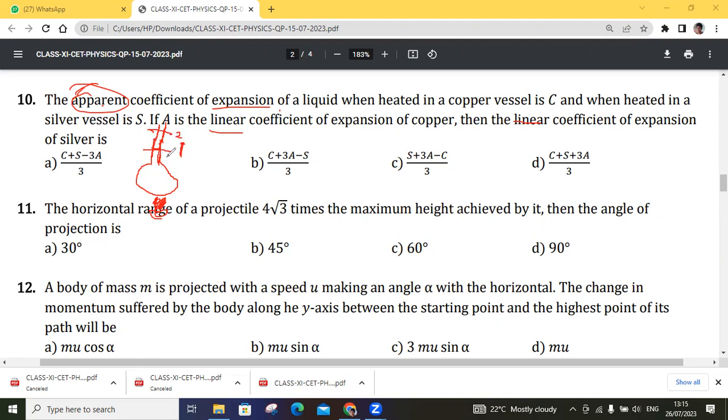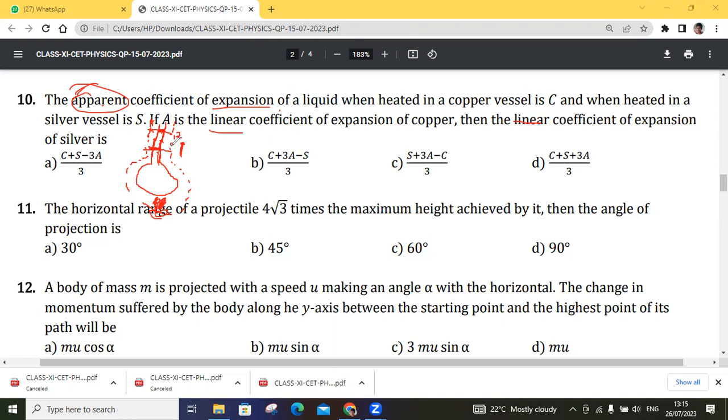But actually what is happening when you heat it is that this vessel will also expand. Suppose the vessel expanded this much. But you are saying it went from here to here, from 1 to 2.